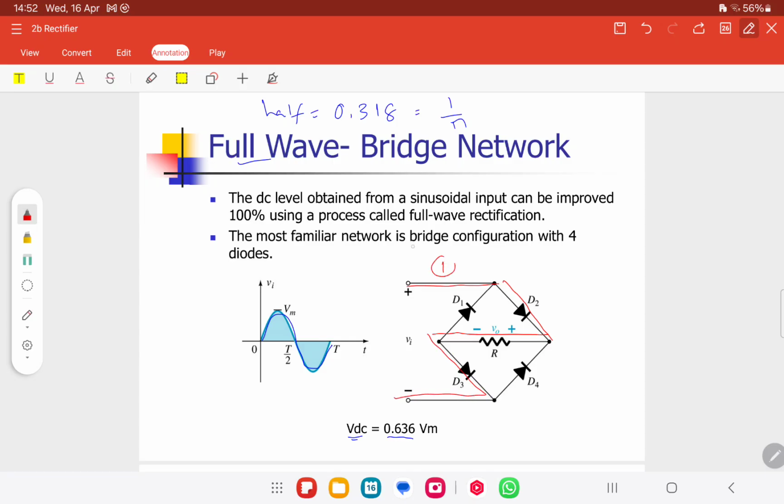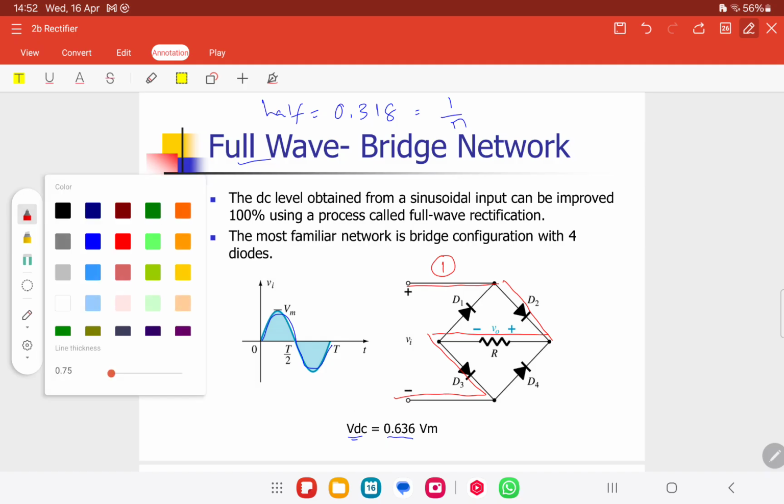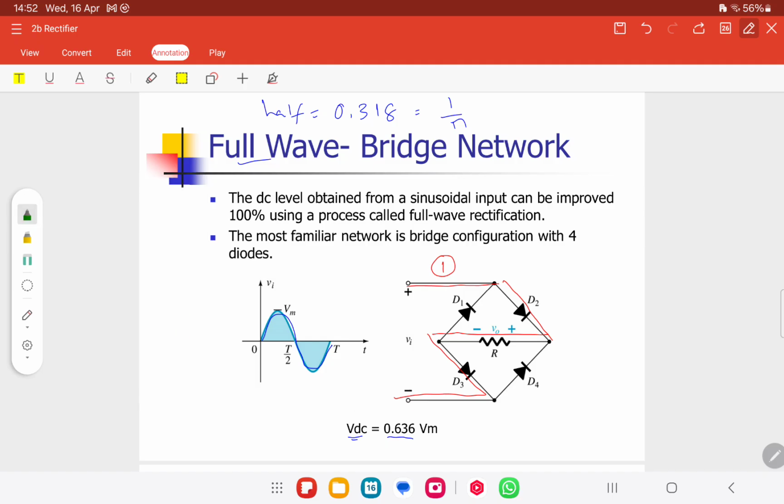Okay, this is path 1. Okay, kalau path 2, I will change my pen. Okay, path 2 kita tukar this one. Ni negatif, ni positif. Dia pergi sini, goes D4, kiri, keluar.